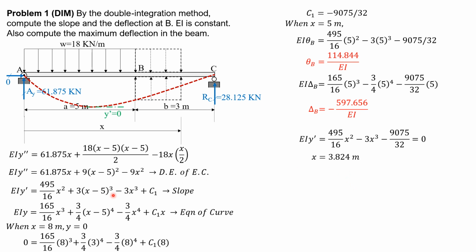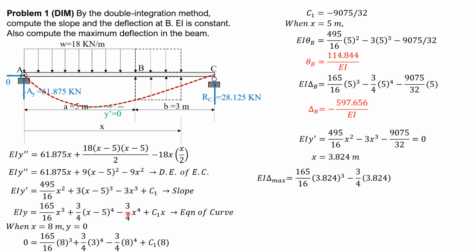So finally, we substitute it to the equation of the curve, and we should expect that the absolute value of the deflection should be higher than this delta B here. So EI delta max is equal to 165 over 16 times 3.824 cubed.